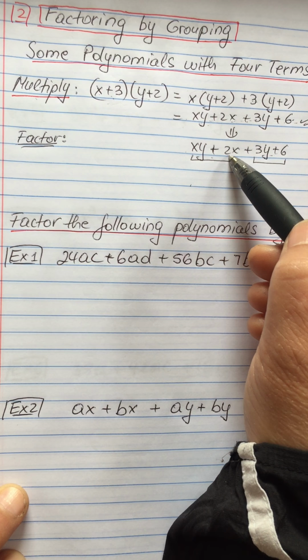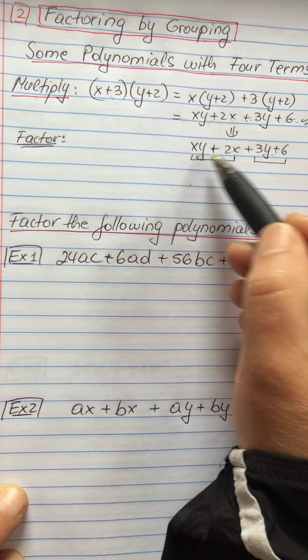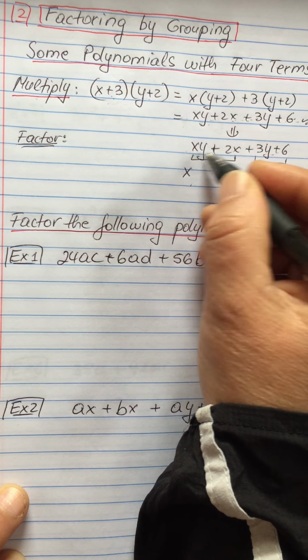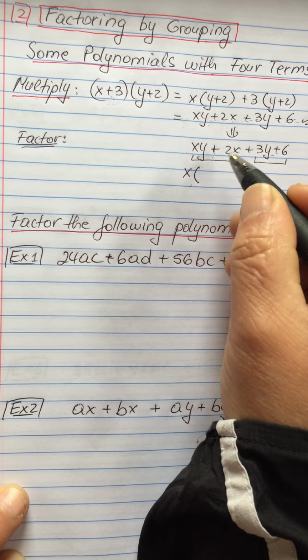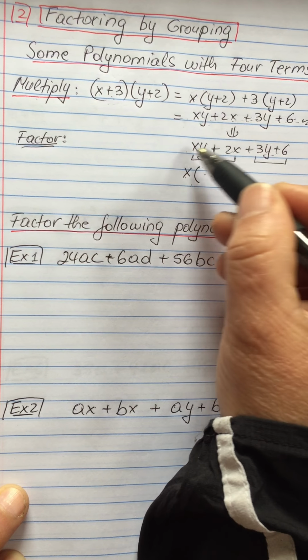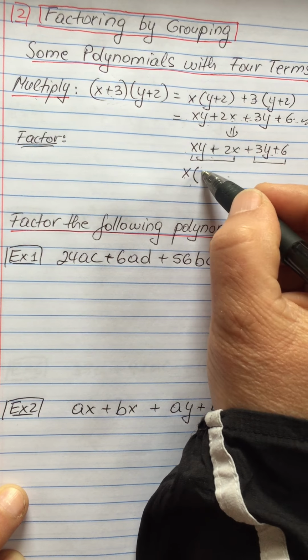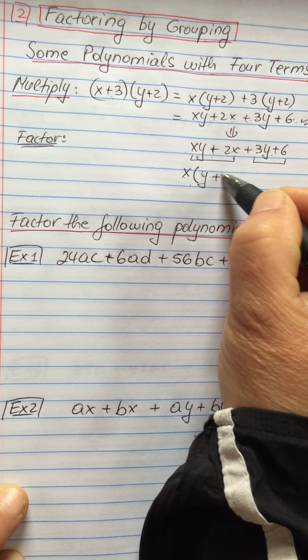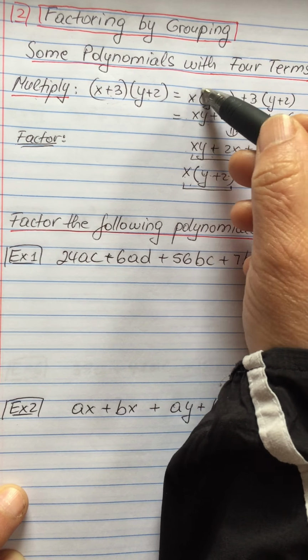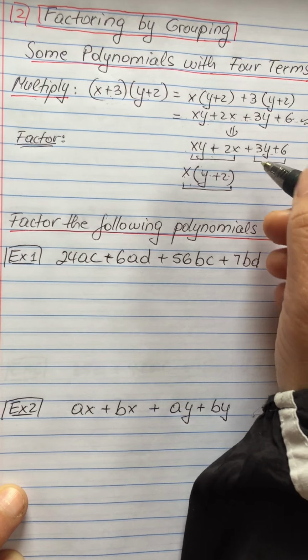Now let's factor each group. So the common factor here is x and nothing else. So open the parentheses and write what is left after the factoring of the common factor. So it is left y and here 2. The first group is factored, and as you see, the work corresponds.